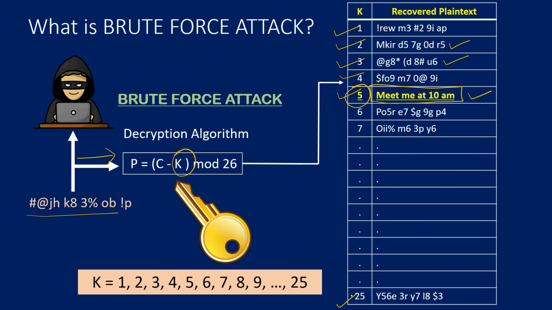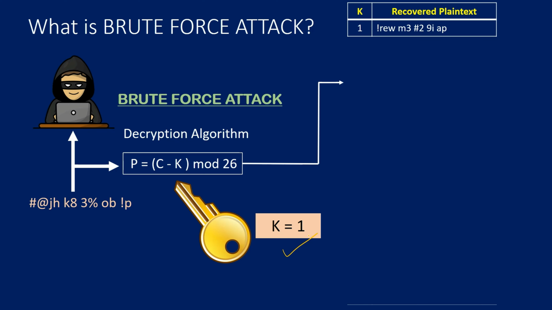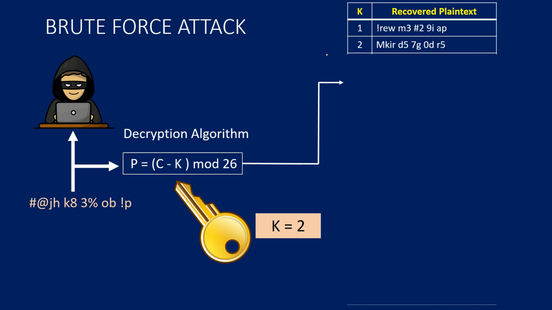Let me elaborate this here step by step. First the attacker will use the key as 1 and will try to decrypt the ciphertext. As you can see, the decrypted ciphertext with key K equal to 1 does not make any sense, and because it does not make any sense, we move on to use the second key, that is K equal to 2. He is still unable to recover the plain text.